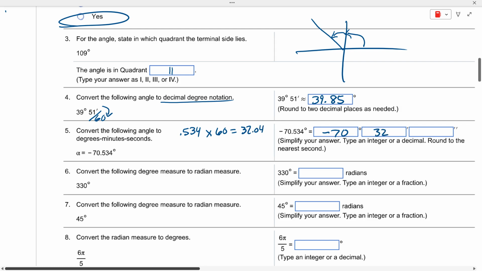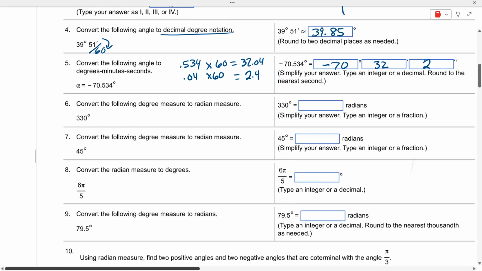So you go 32 and then you take 0.04 times 60. If you take 0.04 times 60, you get 2.4, correct? Well, if you rounded to the nearest second, it would be 2. So negative 70 degrees, 32 minutes, 2 seconds.